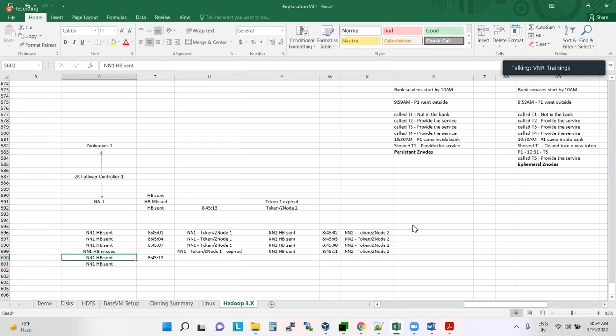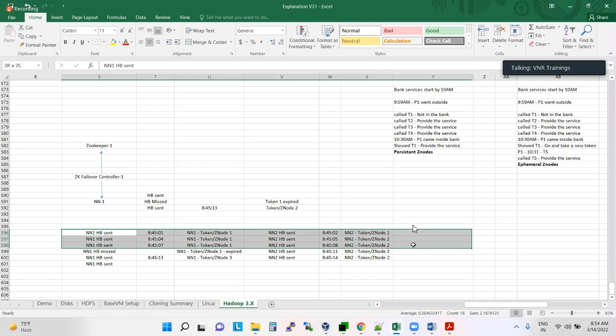Now in this scenario, when NN1 sends a heartbeat, what token will it get? Token number 3, because 1 is here, 2 is given here, now 3. Till this stage, whose token number is first?